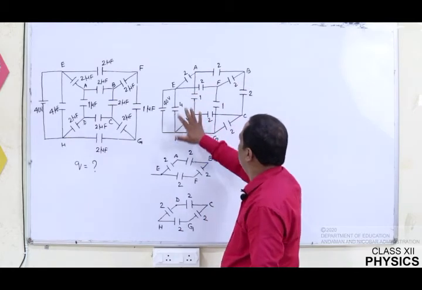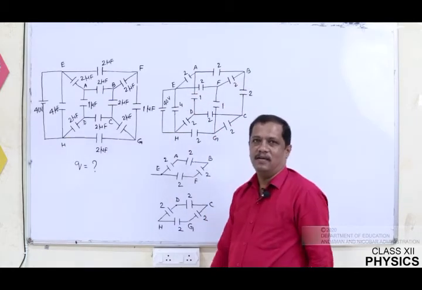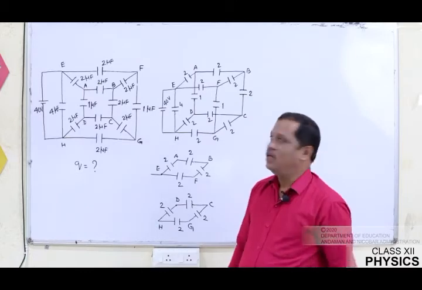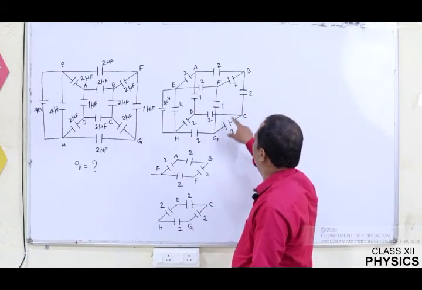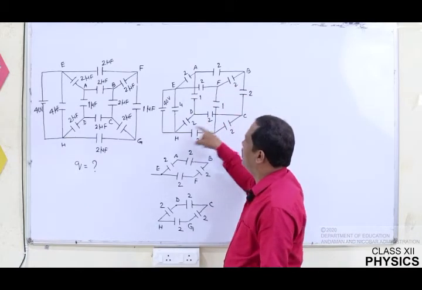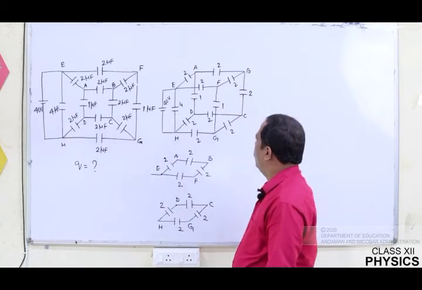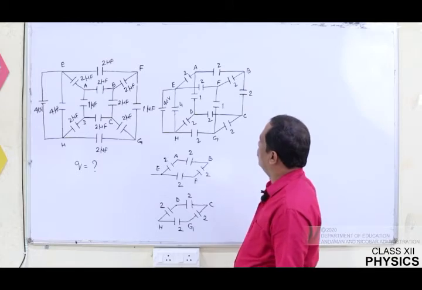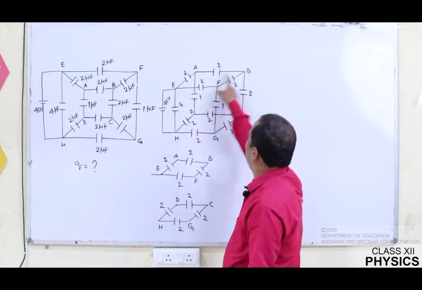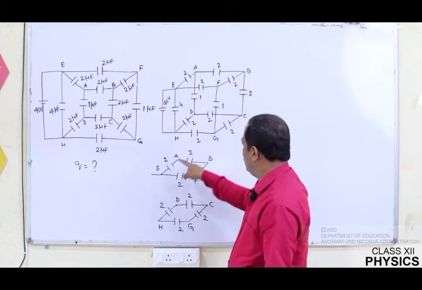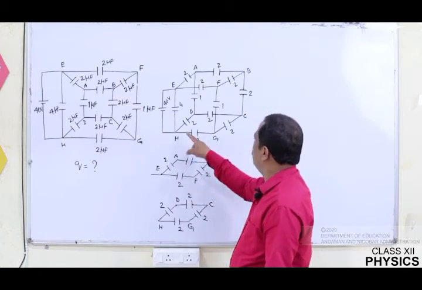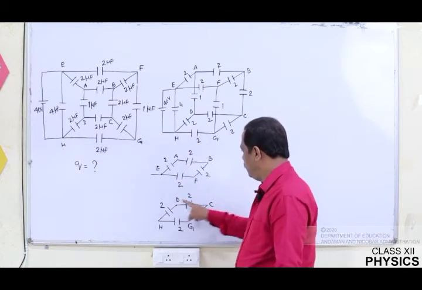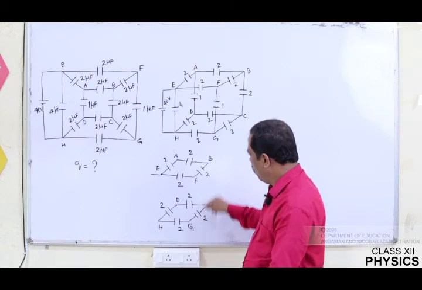To me, this looks like a cube, and it has 12 arms, and on each arm there is a capacitor. Now to further analyze the circuit, the top EABF, I have drawn here EABF. Similarly at the bottom HDCG, and I can have all the arms.